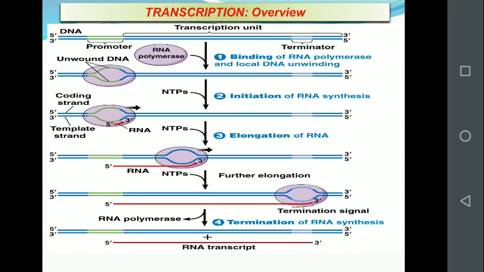As it reaches the termination signal, the RNA synthesis process will be terminated either by rho dependent or rho independent mechanism. This RNA molecule, which is synthesized by the transcription process, is now known as the RNA transcript. It may be an mRNA molecule or a tRNA molecule or an rRNA molecule.